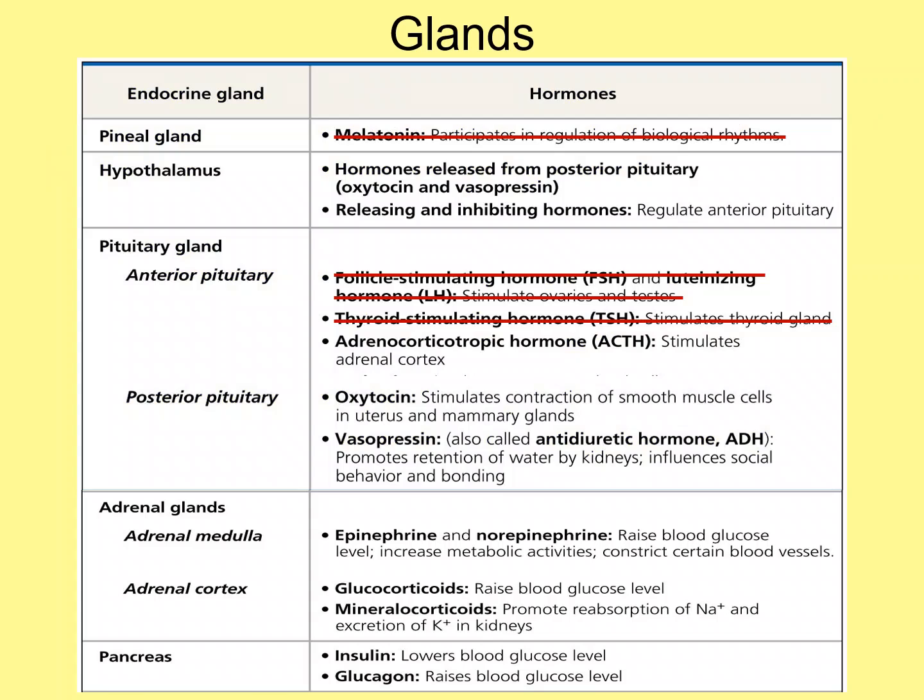Okay, so here's an overview of the major glands and hormones that we will be covering in class. The ones that are lined out, obviously, are ones that you don't have to worry about. I'm only including the hypothalamus for a couple of reasons. One, it's a good example of a neuroendocrine gland.